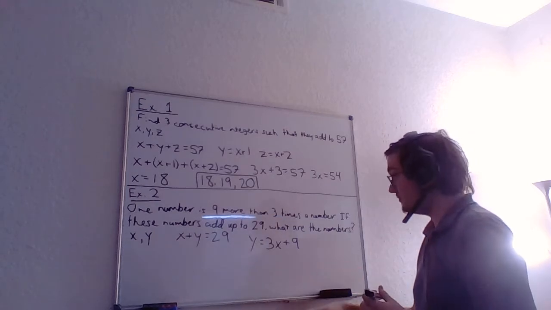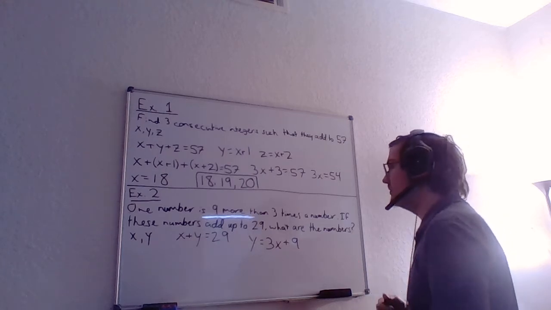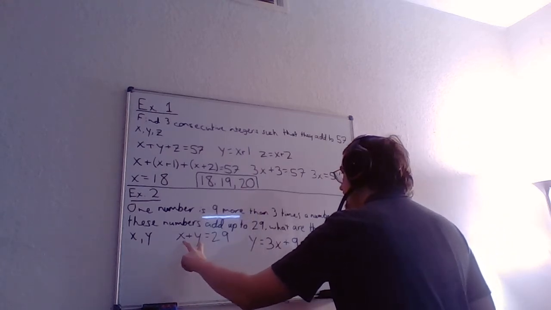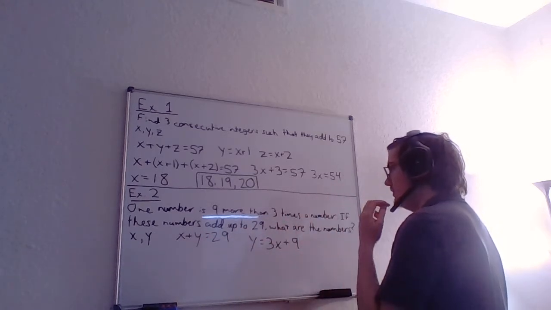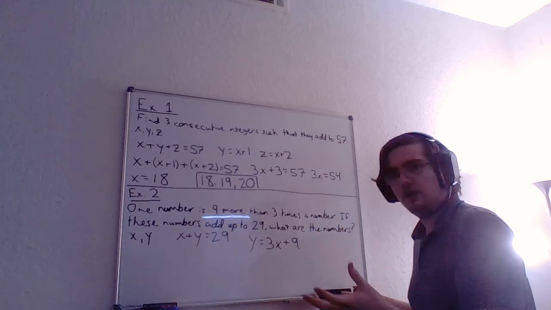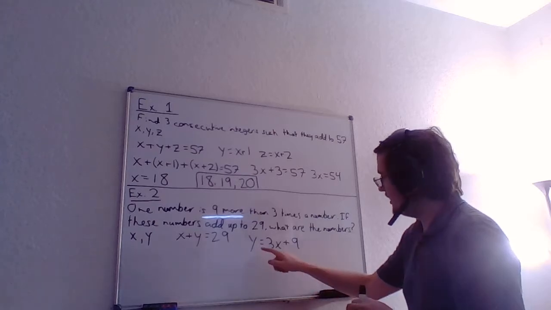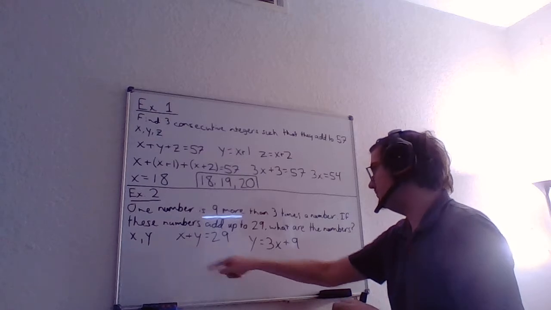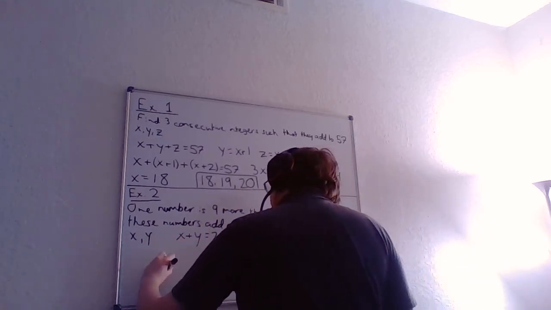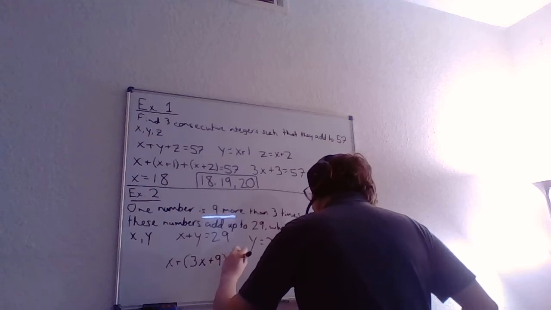So, just like the previous problem, we can't solve any of them as is. Instead, what we need to do is we need to get rid of one of our variables in one of these two equations so that we can solve for the other variable. Right? Now, the way I'm going to do that is I'm going to plug in this equation for y right there. So instead of x plus y, we're going to have x plus 3x plus 9 is equal to 29.